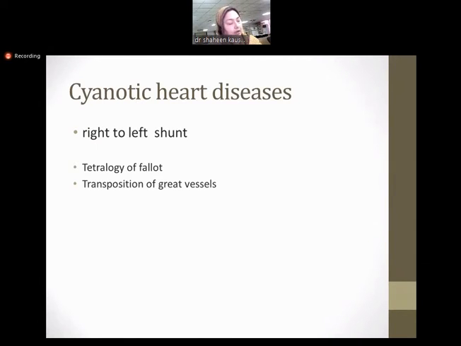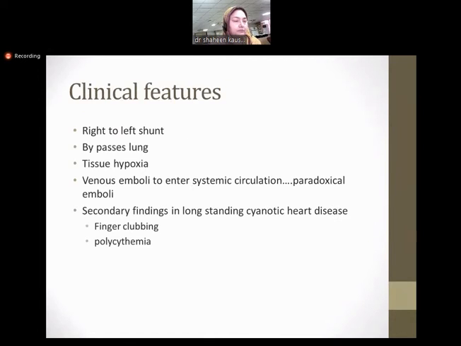Cyanosis, as I have told you, is a bluish discoloration of the skin and mucous membranes. The main defects which include cyanotic heart diseases are tetralogy of Fallot and transposition of the great vessels. We will see these disorders in detail as we move to the next few slides.